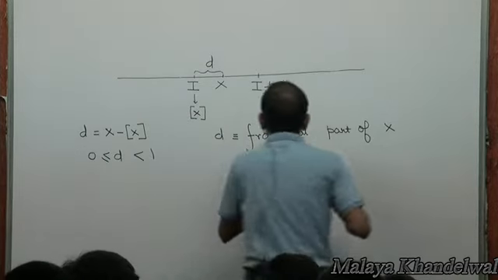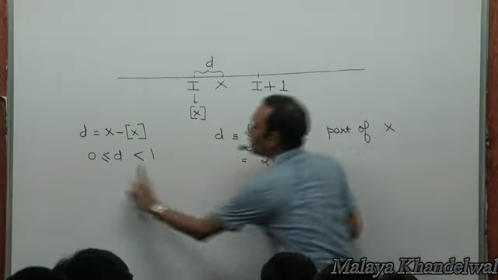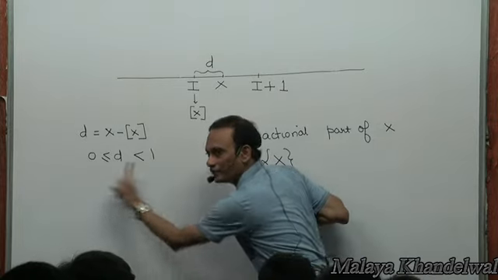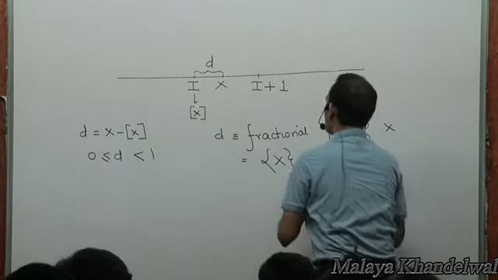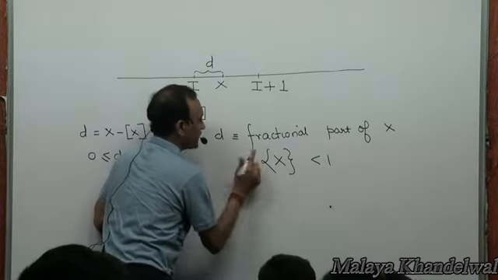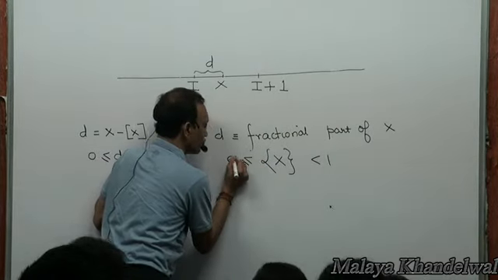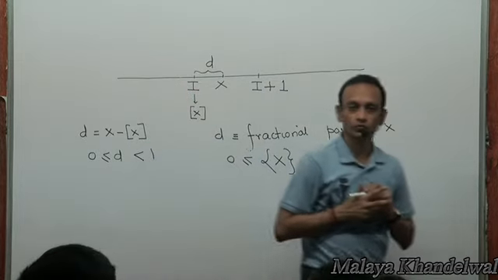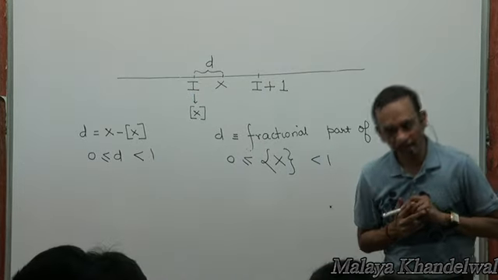The output of the fractional part of x will always be a number lying between 0 and 1. Fractional part of x will always be less than 1 but greater than or equal to 0. Yes or no? Do you all understand this?